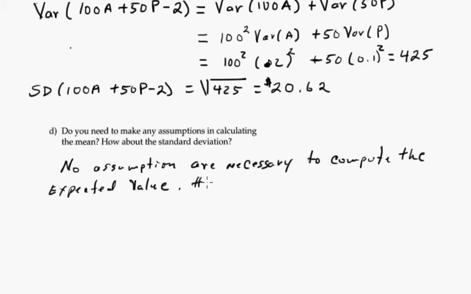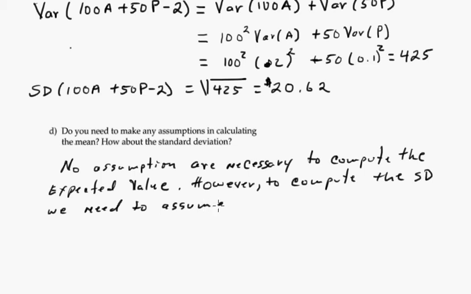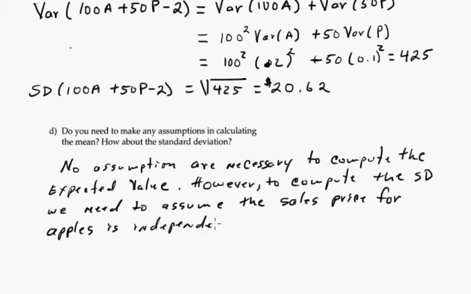However, to compute the standard deviation, we need to assume the sales price for apples is independent of the sales price for potatoes.